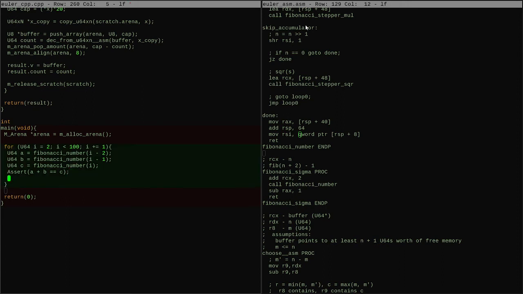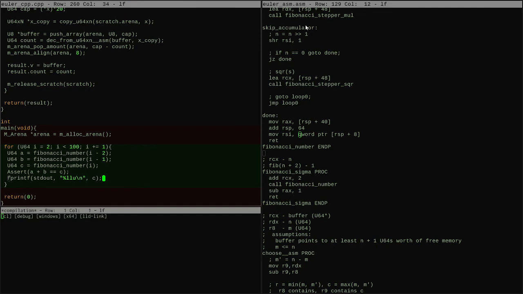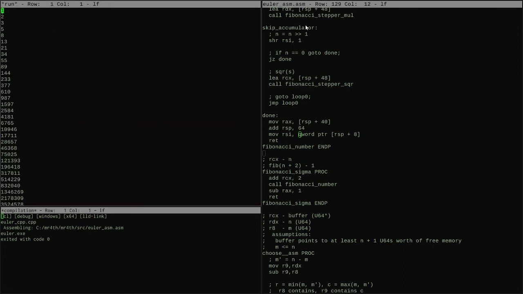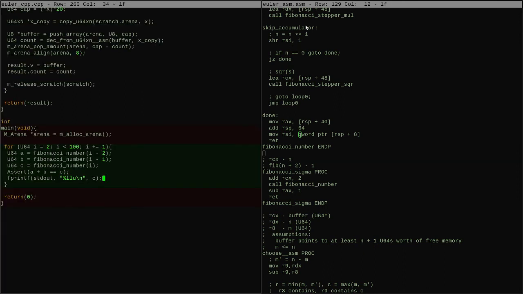Suppose I could do one other thing just for soundness of mind here, which is I want to see the Fibonacci numbers too, so I'm not just getting like 0 for every result. Yeah, that looks right.